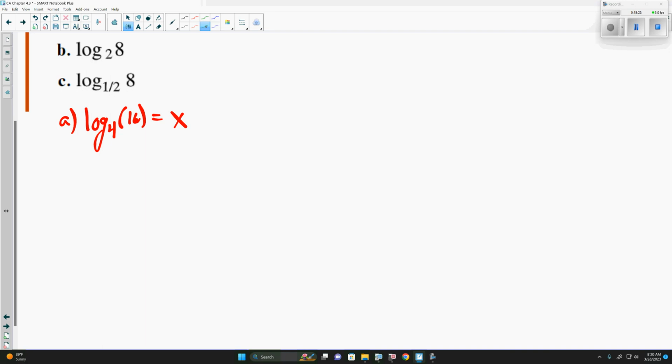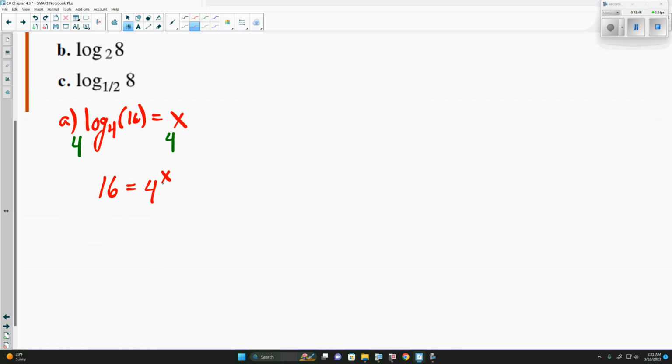So what I can do is rewrite it as an exponential. Put both of these to the base of 4. Log base 4 of 16 is equal to x means 16 is equal to 4 to the x.